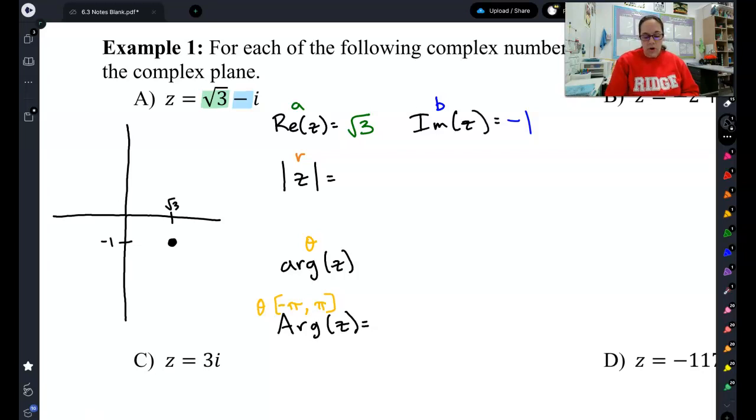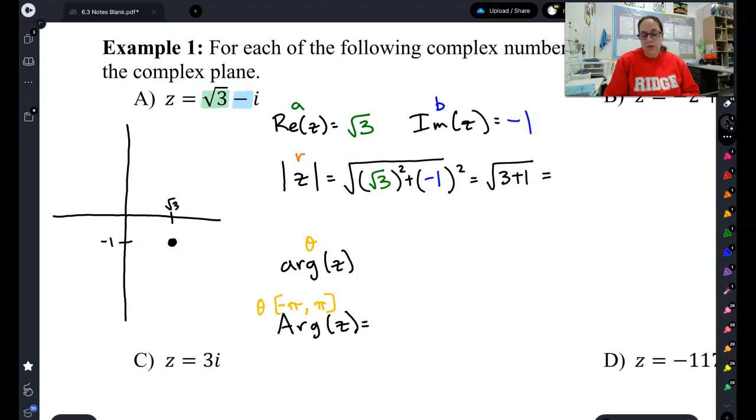Now, to find r, we do the square root of a squared plus b squared. Which is the square root of 3 plus 1, which is the square root of 4, or 2. So I know my r, my radius out to this point, is going to be 2. And remember, this time we don't call it radius, we're going to call it the modulus is 2.